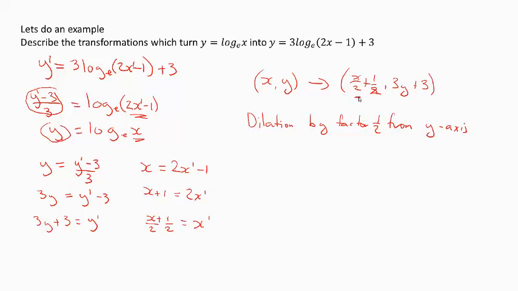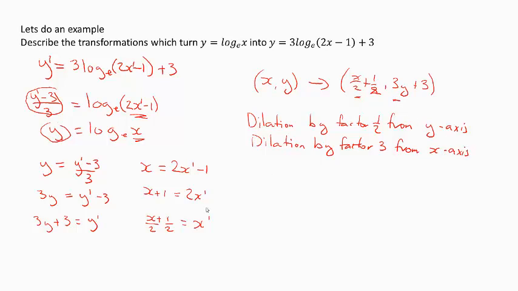There's our dilation by a factor of 1/2 from the y-axis. And we've got a dilation by a factor of 3 from the x-axis. We normally write the dilations first.